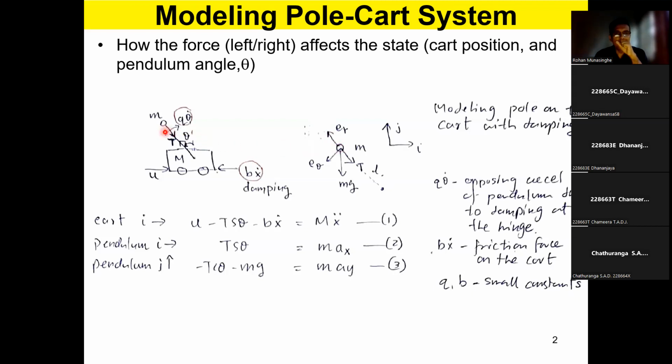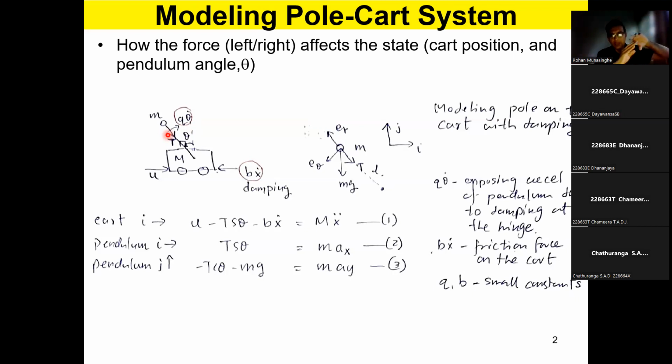And through the pole, there's a tension, capital T. This acts on the mass and also acts on the cart. It works in both directions. Sometimes you can see when this is swinging like that, there's a force outward.